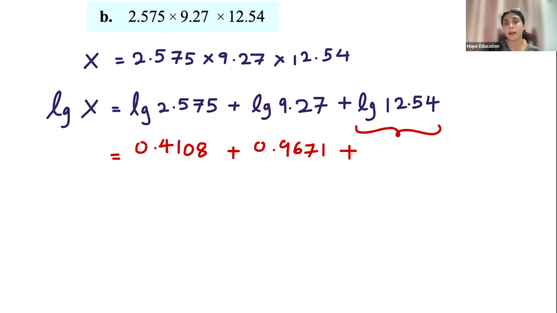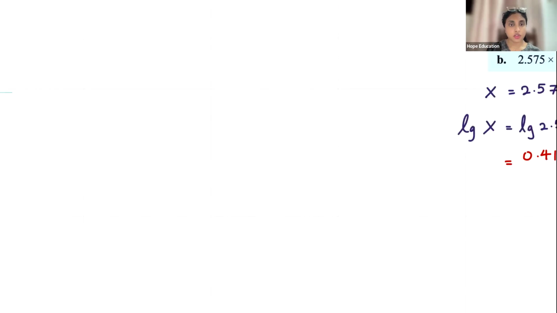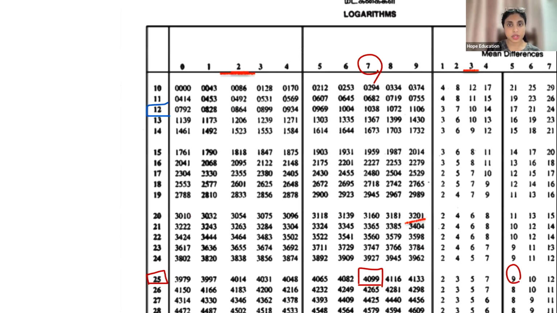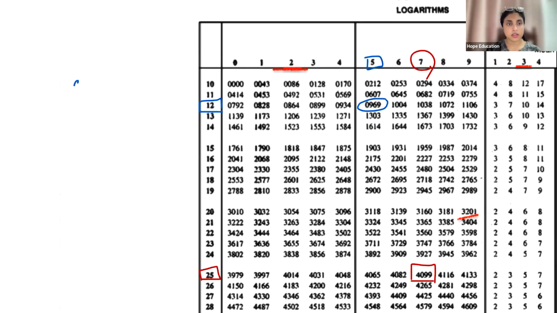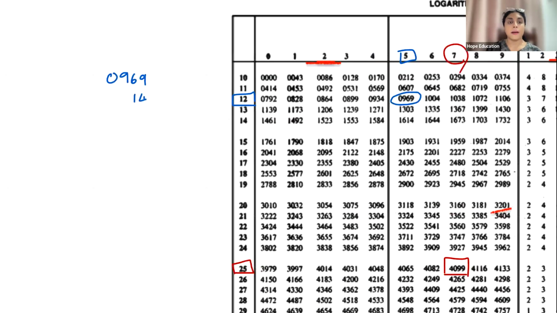12.54. 12.54, the numbers are 1254. We'll check the log table. 1254, in the log table, 12 here, 5 here. So then not a match, it is 0969. Sorry, 0969. 1254, the 4 is here, 4 gives 14. So I have to add 14 to this. That would be 3.